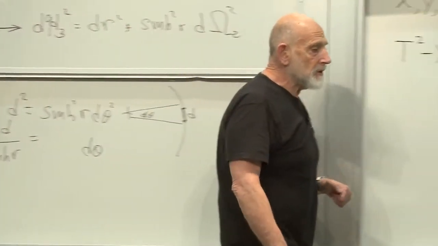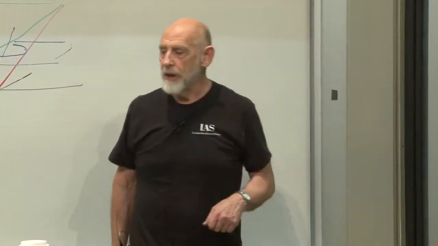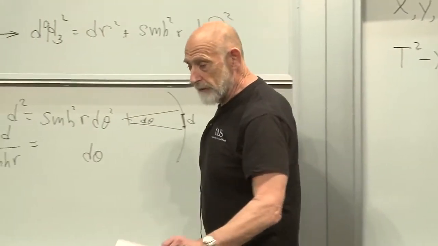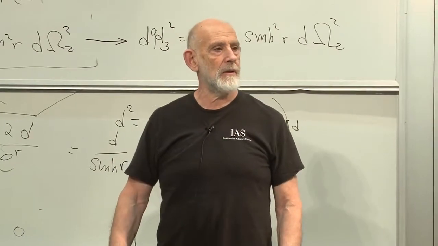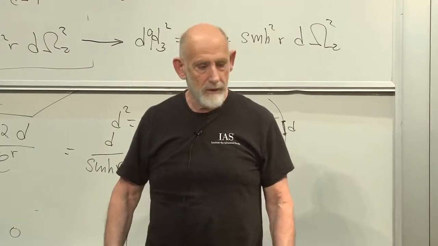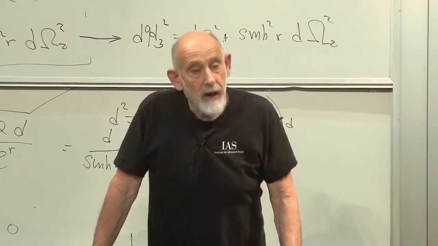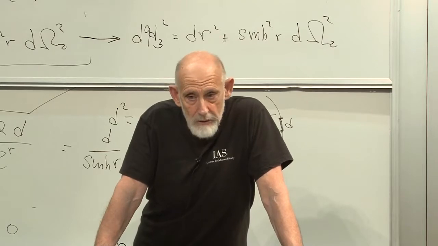So, I don't know, this geometry has various names. It's the Poincaré disk, the two-dimensional version of it. It's the Lobachevsky plane. It's the hyperbolic geometry. I'm sure it has other names. It's also the uniformly negatively curved space.